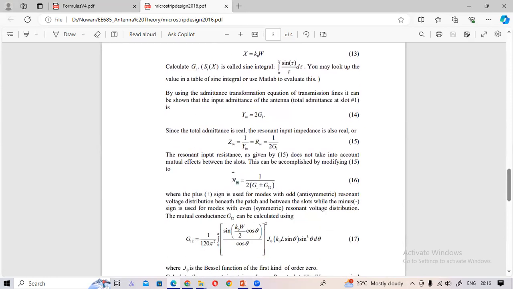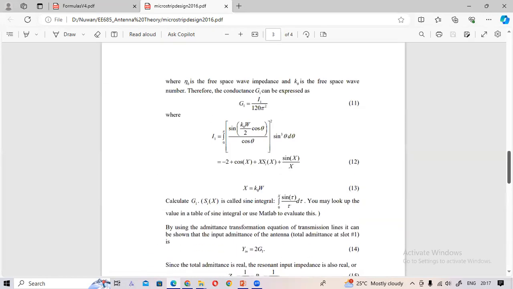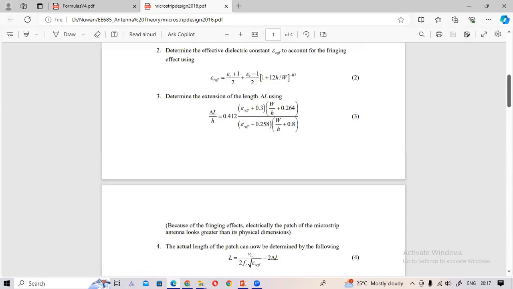Then using this equation, you can calculate the Y0 value, the length of the Y0.